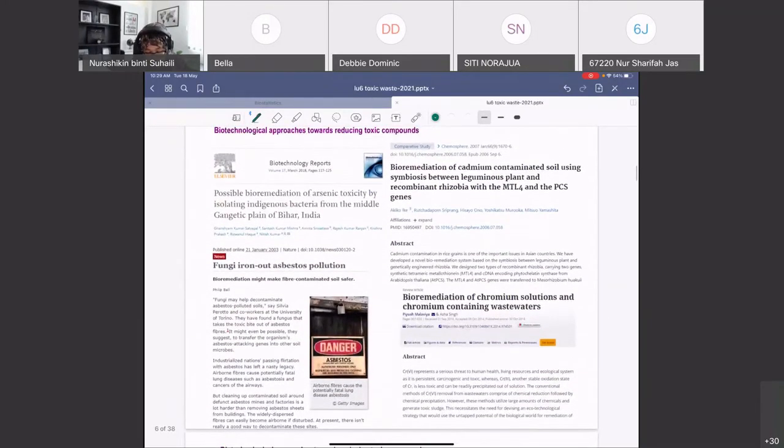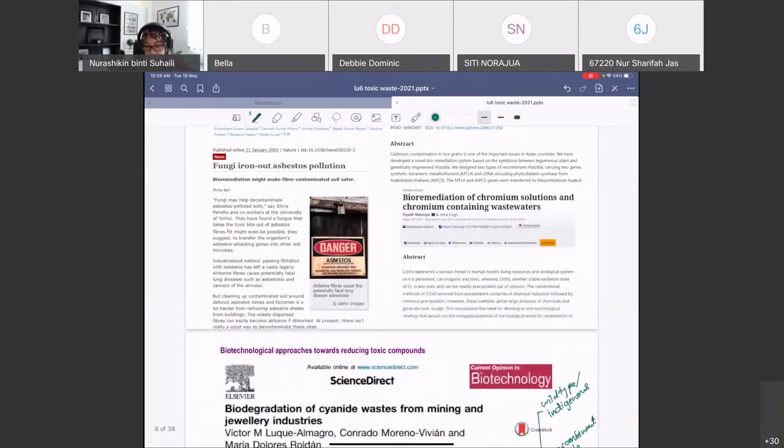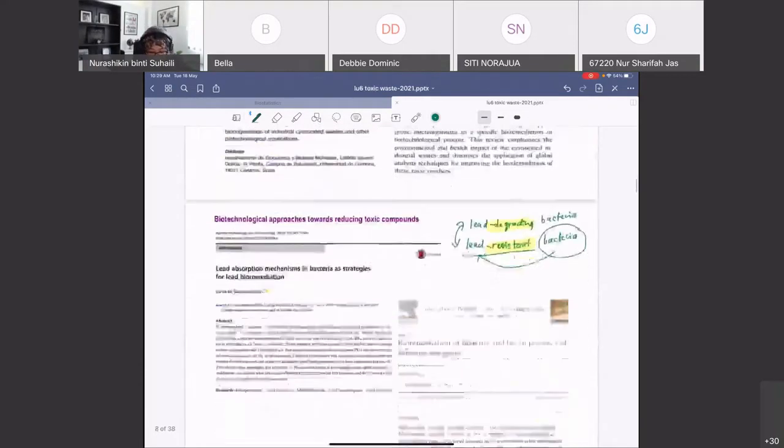We know that biotech methods are more environmentally friendly because they are natural processes. They may also emit side products, but perhaps those side products are not as harmful as the side products produced by the chemical processes.